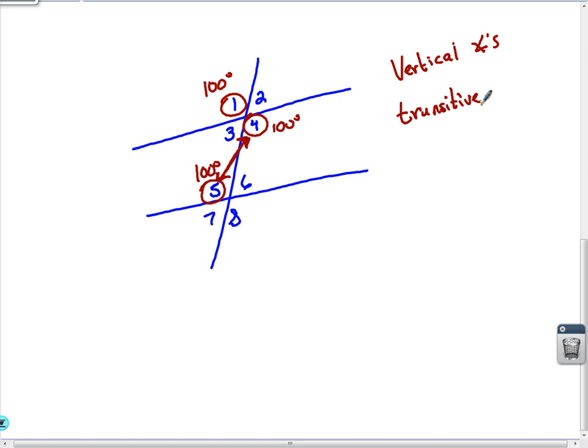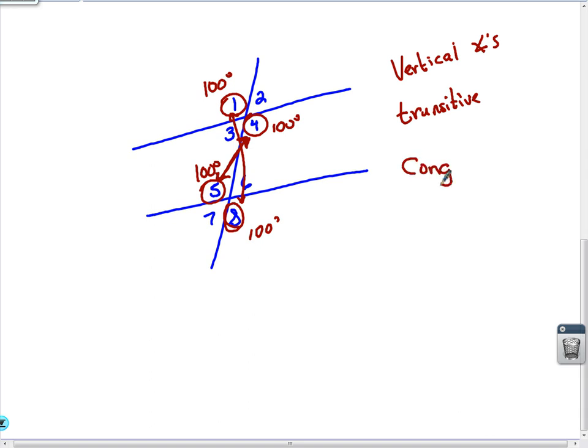Now let's go a step further. Isn't 5 and 8 also congruent because they're vertical? So wouldn't 8 also be 100 degrees? Well, what's the relationship between 1 and 8? Alternate exterior. So therefore, let's start making this a list. If you have any of these, they're going to be congruent.